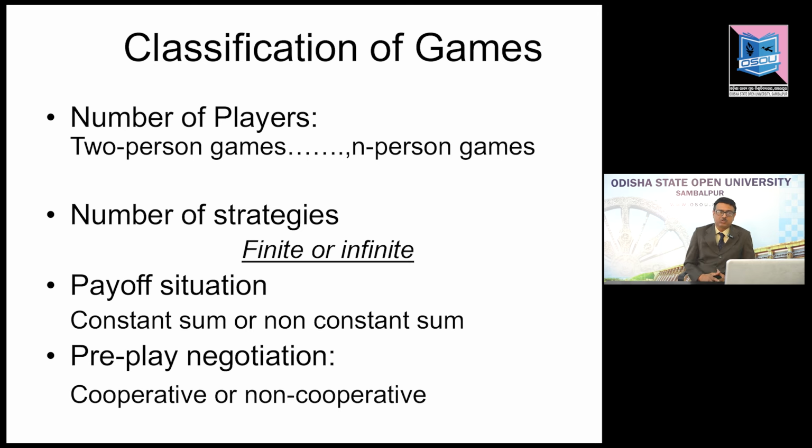Similarly, we can classify games in terms of payoff situations, such as constant sum game or non-constant sum game. We can also classify games in terms of pre-play negotiations, for example as a cooperative game or non-cooperative game.